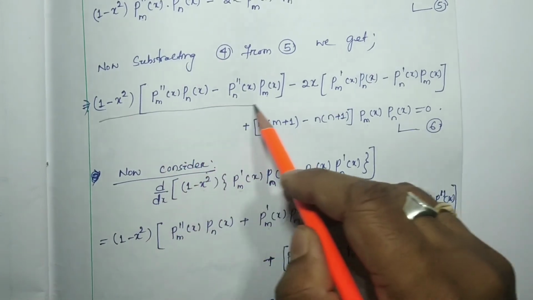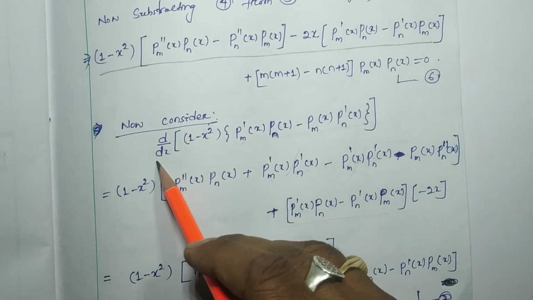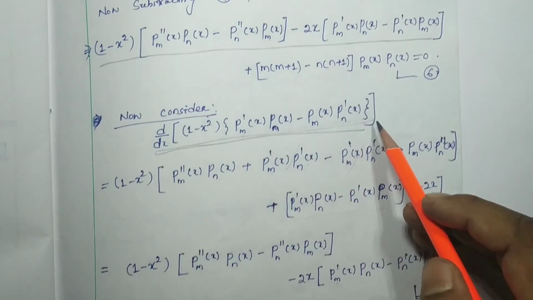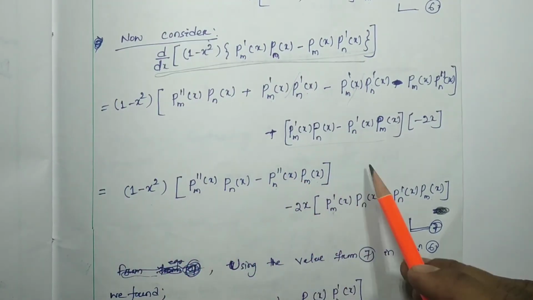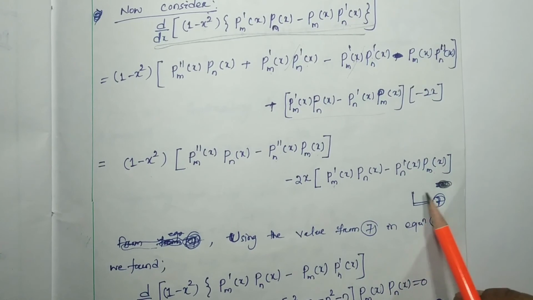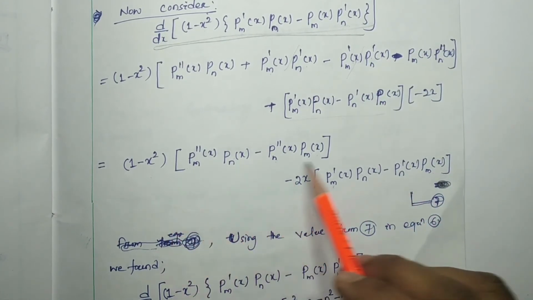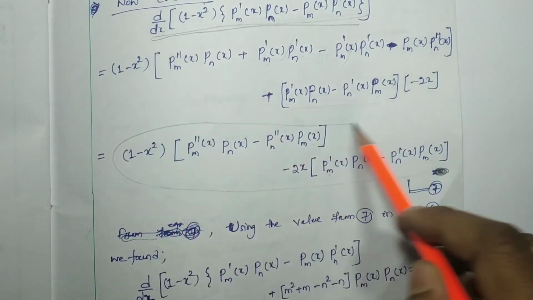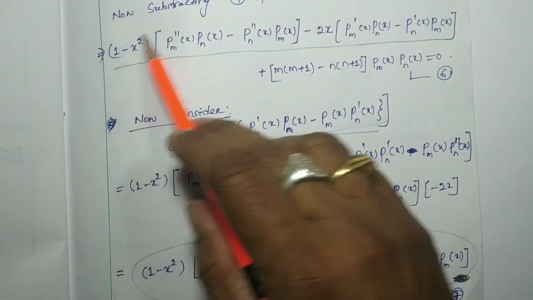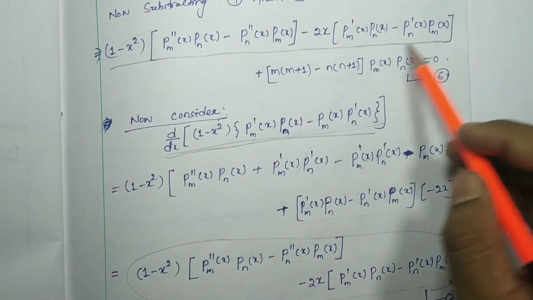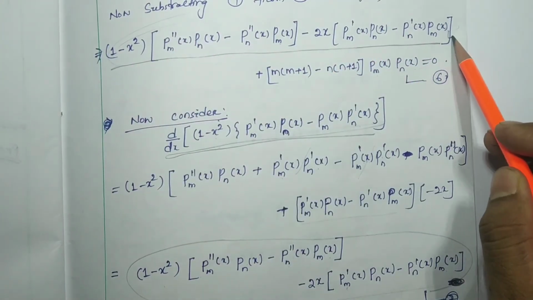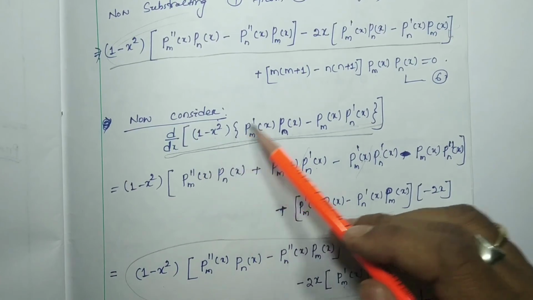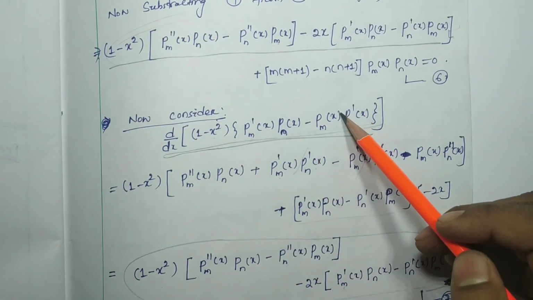This much term is nothing but the derivative of this one. See, derivative of this one we found this much, your equation number 7. Okay, got it? So now instead of this I can write the derivative, the differentiation of this one.